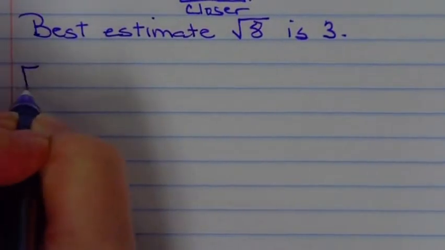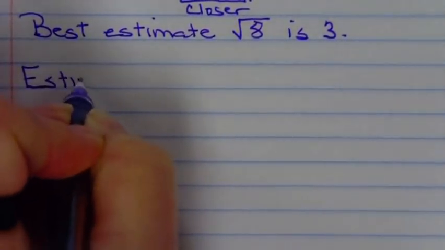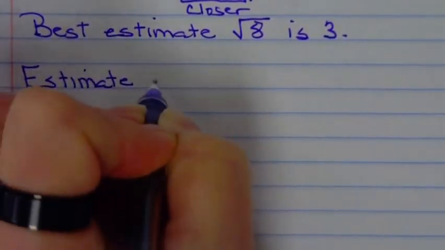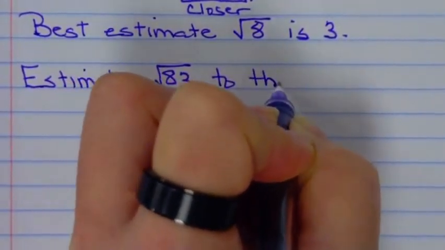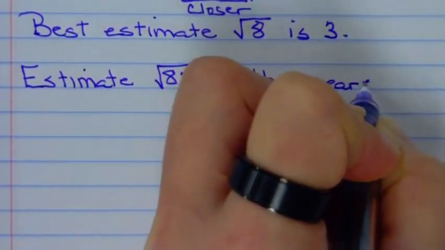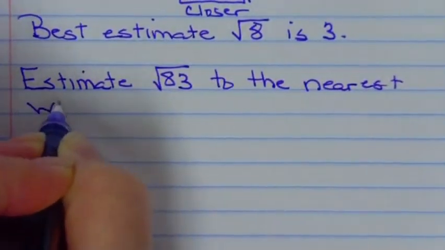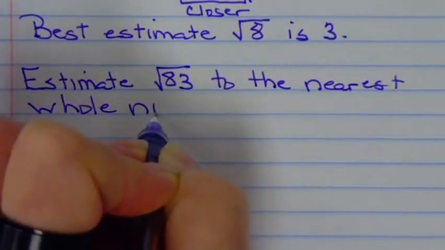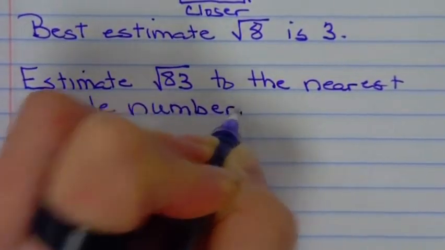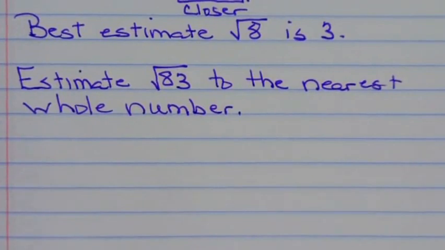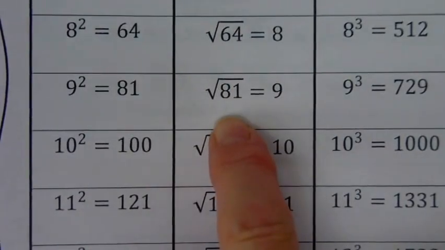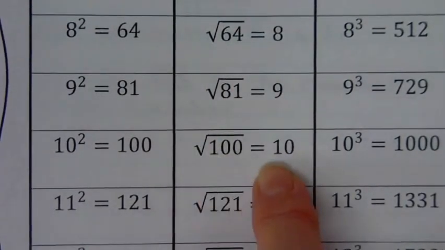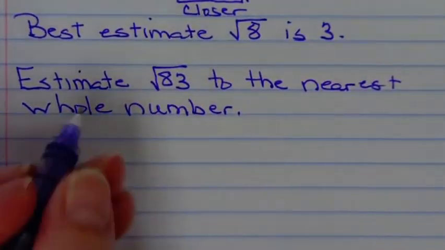Okay, so let's zoom up a little more. And we're going to get a question that says estimate the square root of 83 to the nearest whole number. So again, we look at our perfect squares, and we find that the square root of 81 is 9 and the square root of 100 is 10.